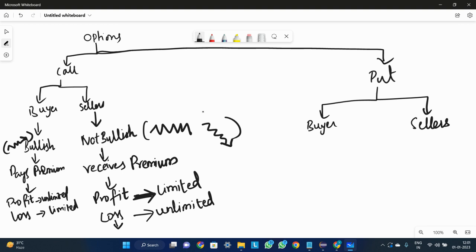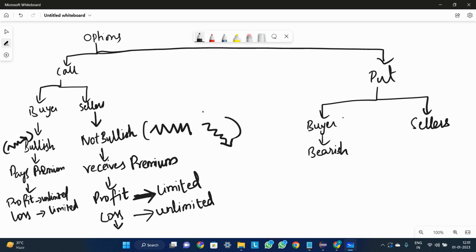The call buyer believes in a bullish narrative, whereas the put buyer believes in a bearish narrative. That means he believes that the market will go down. That means the sellers will be more than the buyers, and he believes that the underlying asset on which he's betting will go down.